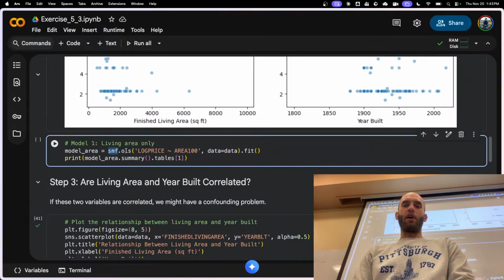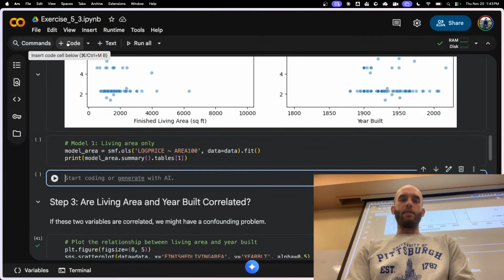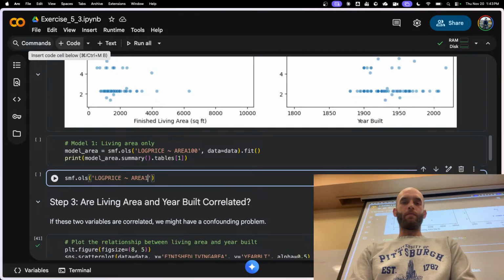So smf.ols, and then we have the equation. If you're just writing this for yourself, it's smf.ols, and then we're just going to write out the equation: log price squiggle area 100, and then we need to specify the data, and then it knows what to do.